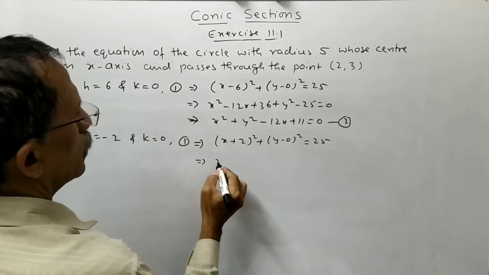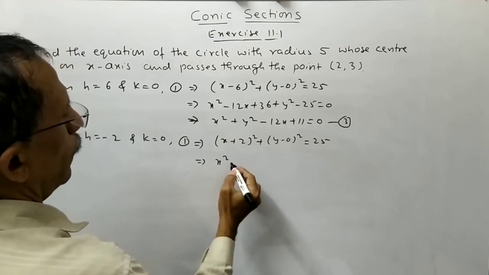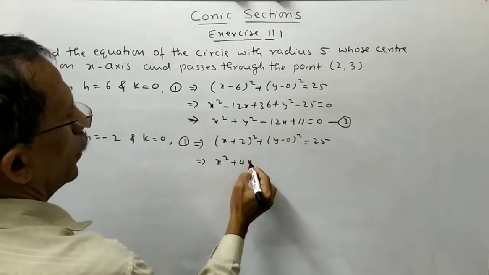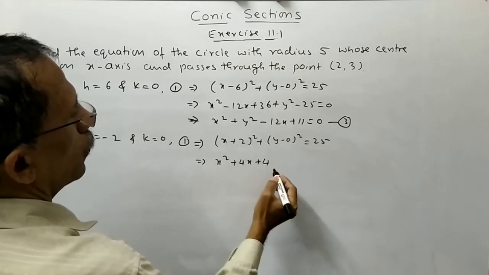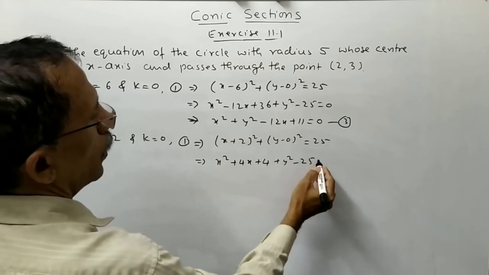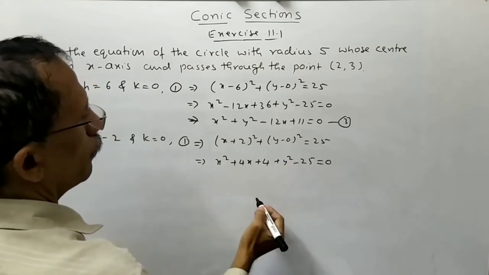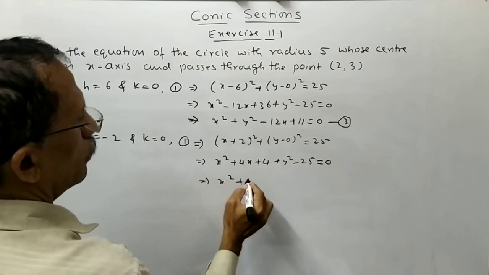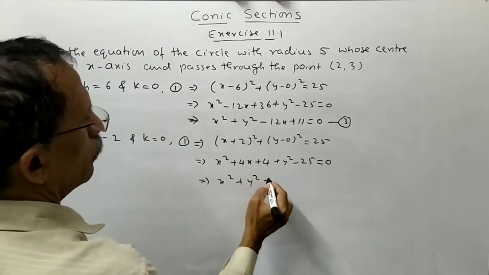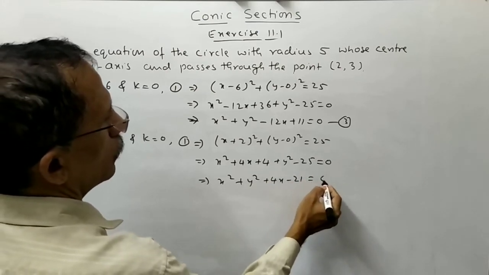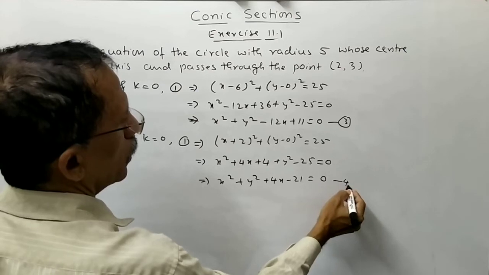This implies x square plus 4x plus 4 plus y square minus 25 is equal to 0. This implies x square plus y square plus 4x minus 21 is equal to 0. Say number 4.